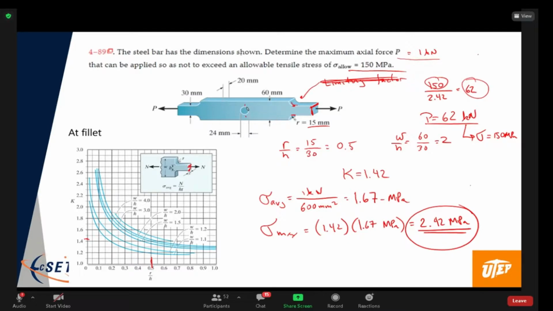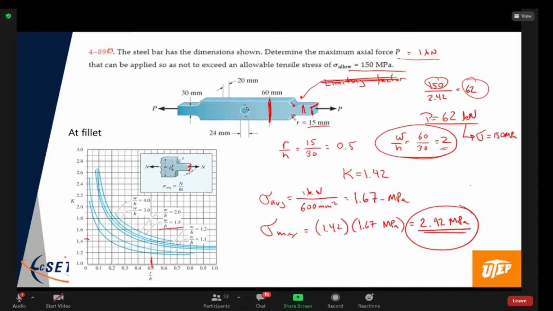Oh, it's okay, because the different lines are different values of W over H, which is this dimension over this dimension. So in this particular problem, W is 60 millimeters and H is 30 millimeters. So W over H has a value of 2.